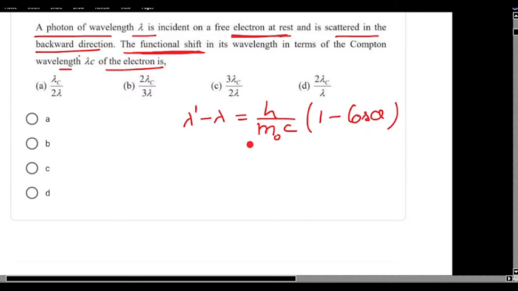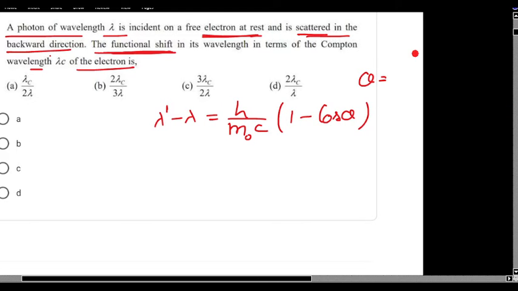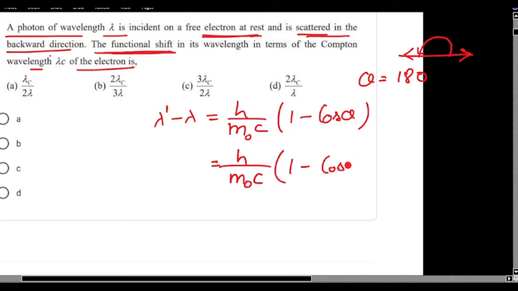In the question, the photon is scattered in the backward direction, so theta is 180 degrees. Then 1 minus cos 180 degrees is 1 minus minus 1, which gives 2.